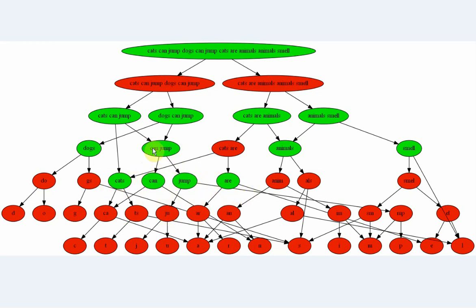So the matches in the hierarchy would all have common predictions, like "jump", A, A, "pip", A. So they all have the same common parent. So that's how it works in the hierarchy, is that they all send energy to the same one.